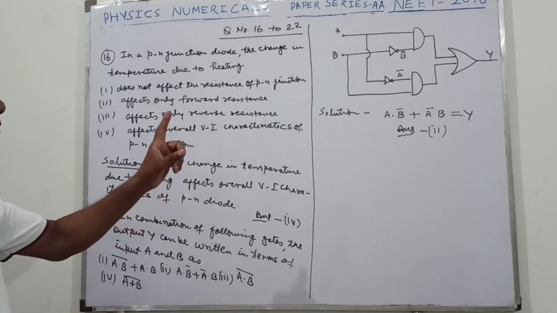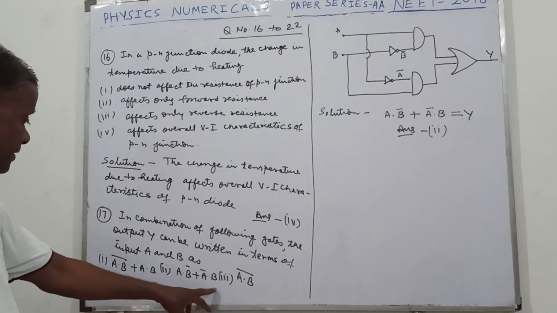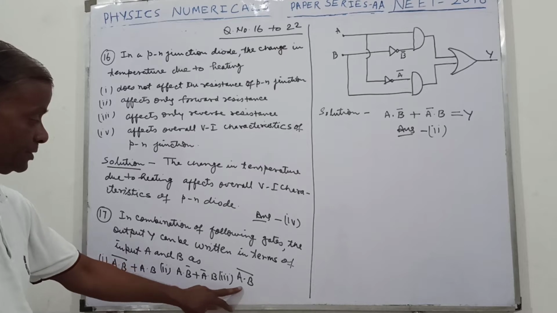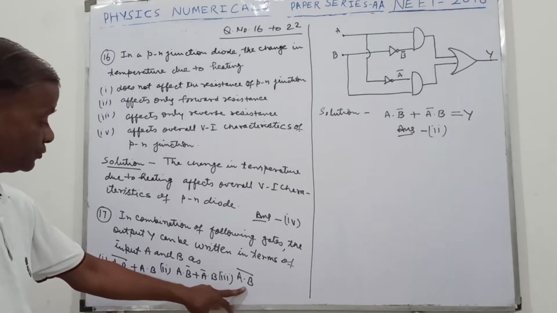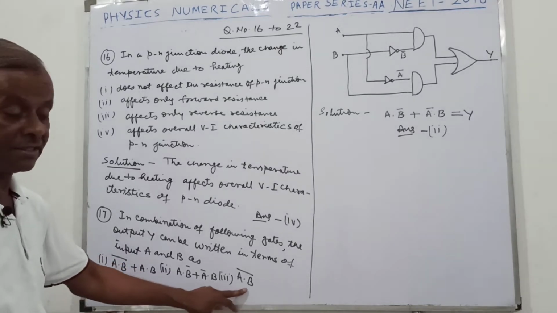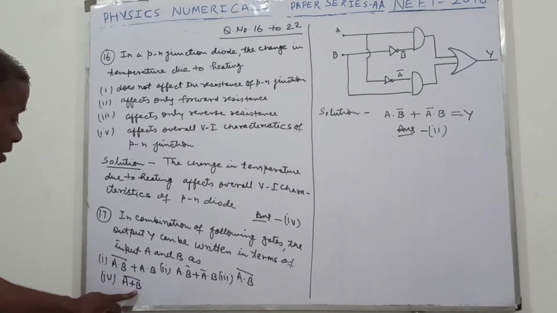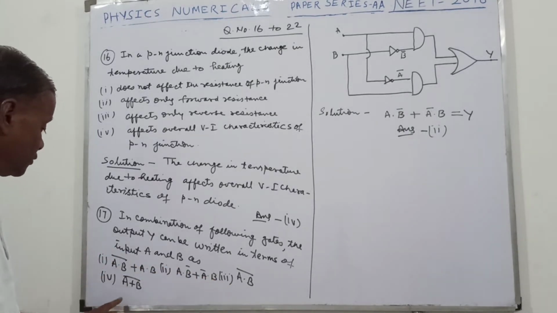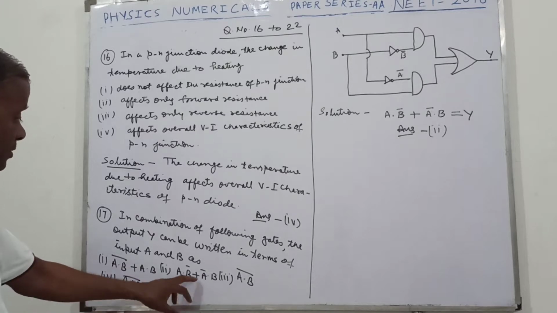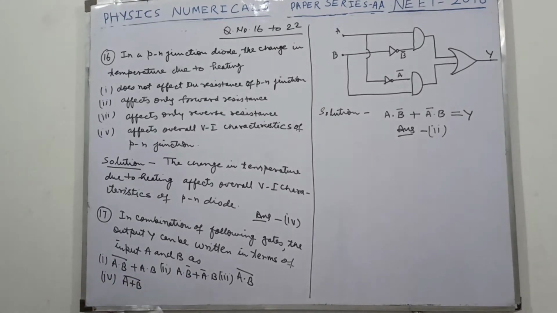And the third, A dot B bar, this is a NAND gate, and this is a NOR gate, so they are not the right options. So the right one is the second option.